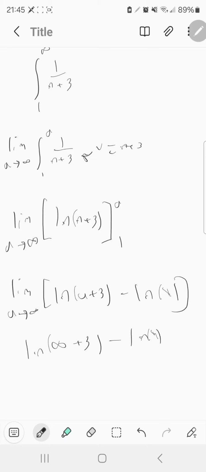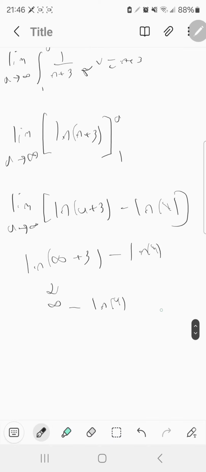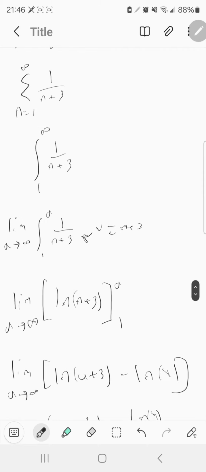Now, this number is going to go to infinity, and we're subtracting whatever ln of 4 is. But it doesn't matter, because this is a finite number, and we're subtracting it from infinity. This integral is going to diverge, which means the series would also diverge.